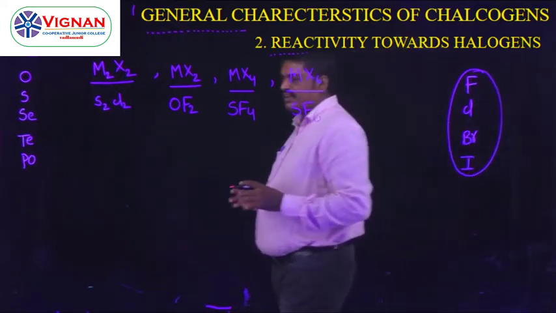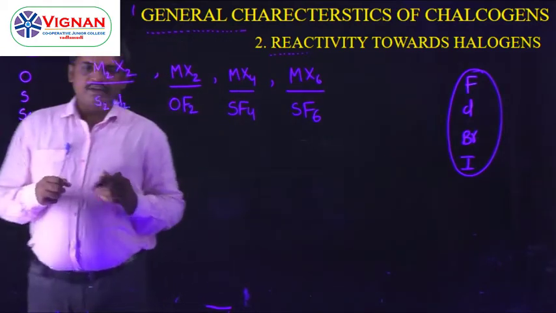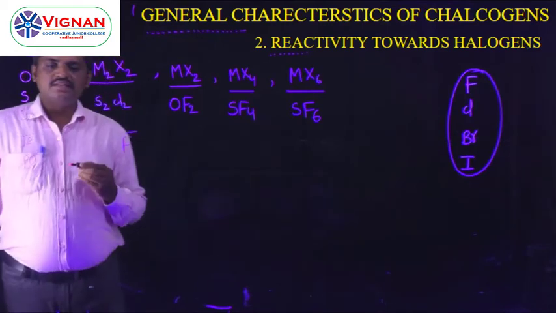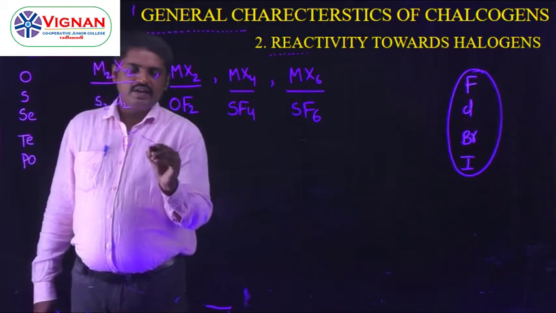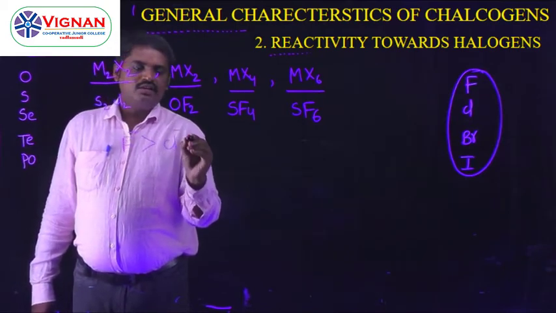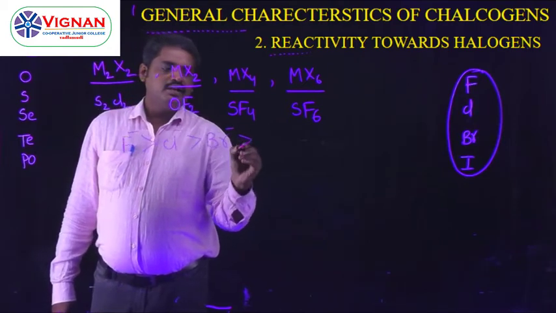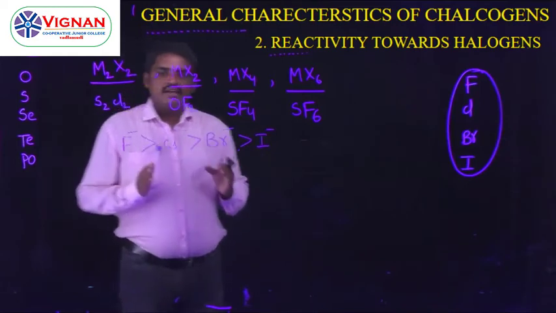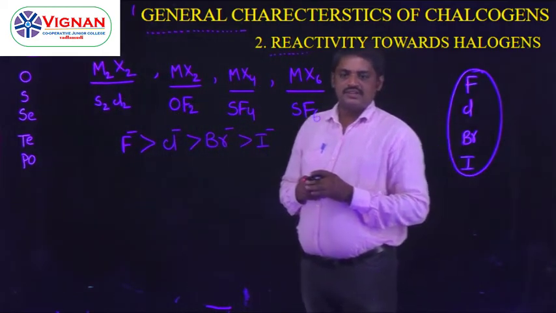The reactivity of halogens for 16th group elements: first one, fluoride ion is more reactive compared to others. Fluoride ion, chloride ion, bromide ion and iodide ion. This is the reactivity order.